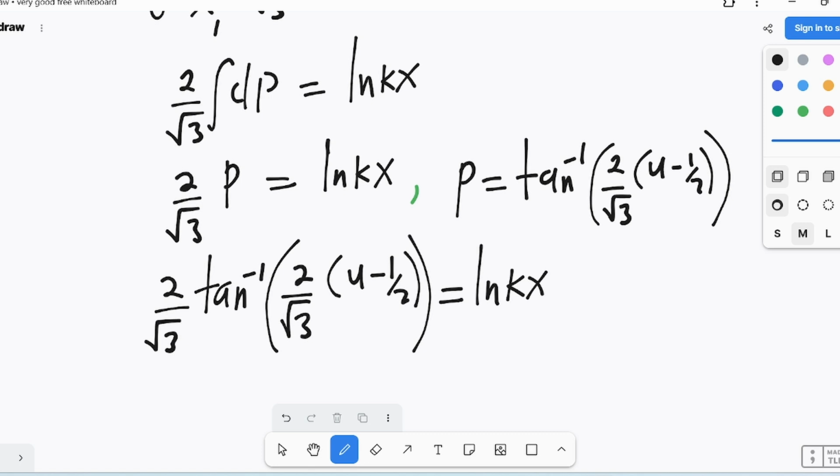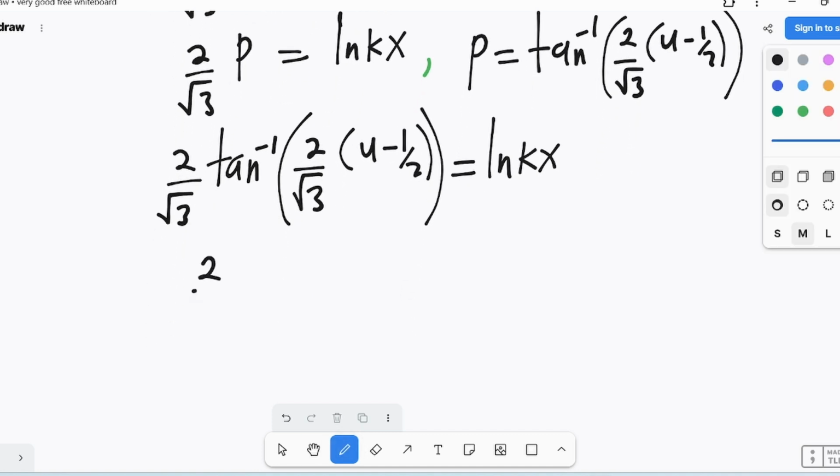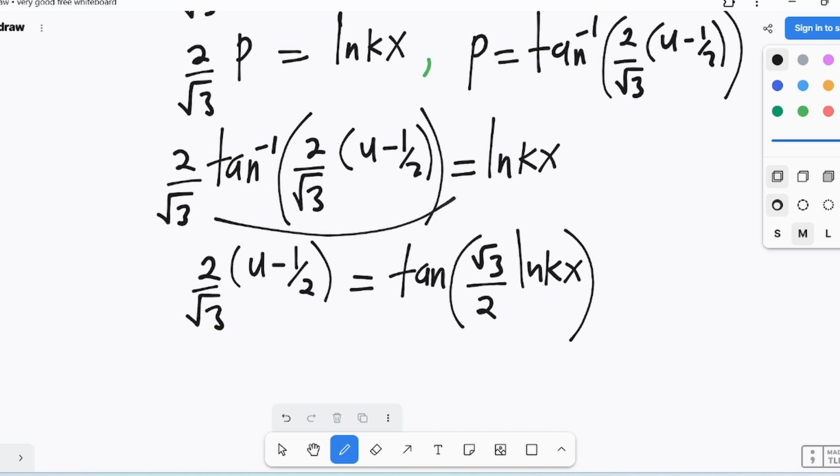So finalizing, we are putting back our u, but before we put back our u, we can have this as that we have 2 out of root 3 u minus a half is equal to tan of root 3 out of 2 ln kx. Yeah, so this is multiplied the other side, so we have it as root 3 out of 2, then tan, then finally we put back a u.